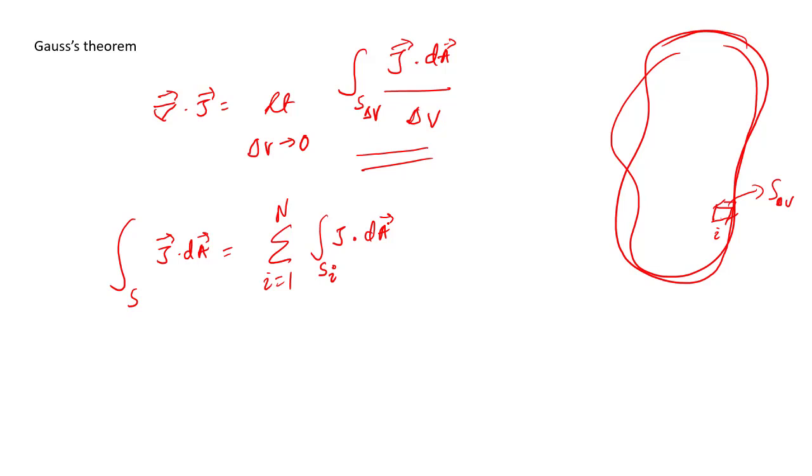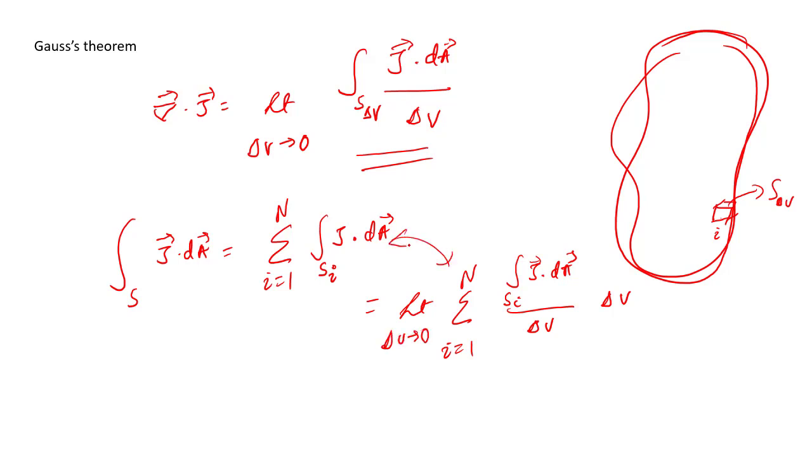And now if I change this into the same summation, i equal to 1 to n, instead of just simply writing J dot dA for one surface, I'm going to divide it with delta V and multiply it with delta V, and set a limit that delta V goes to 0, right? So these two things are the same.